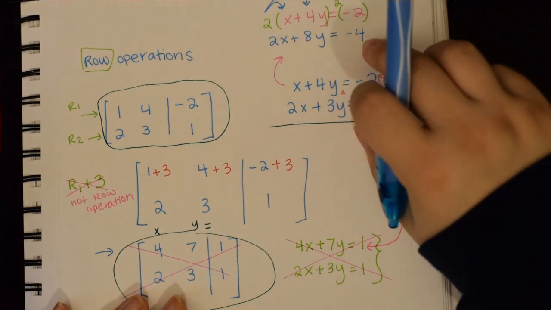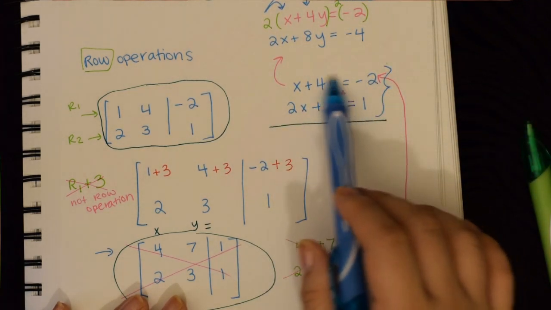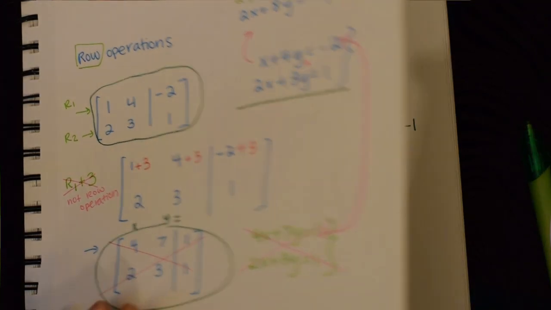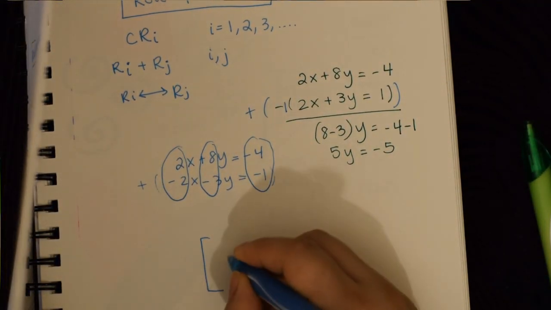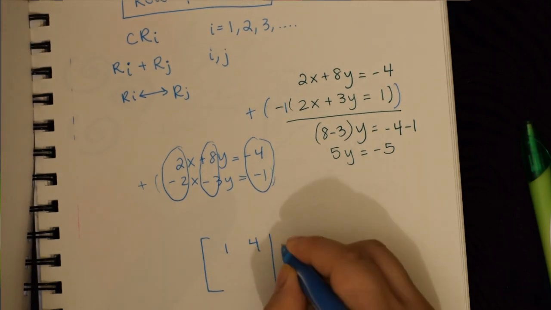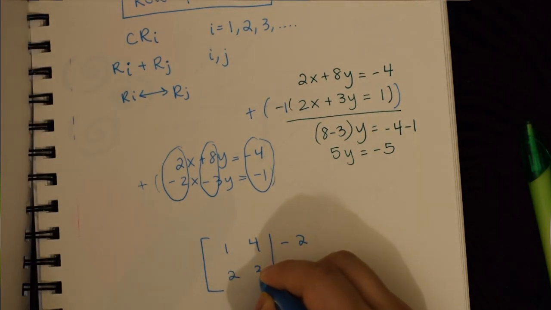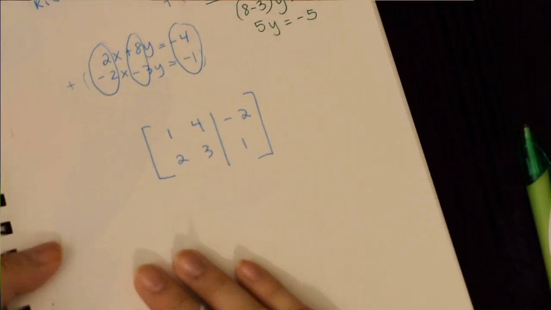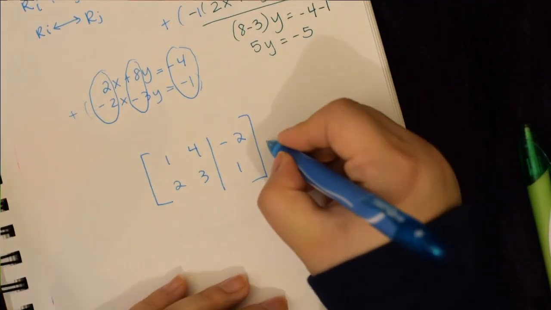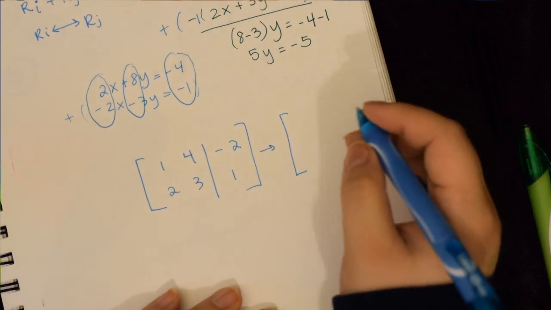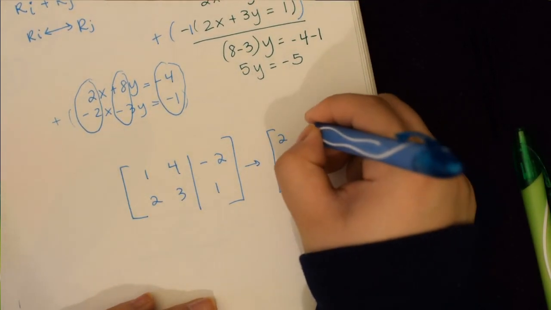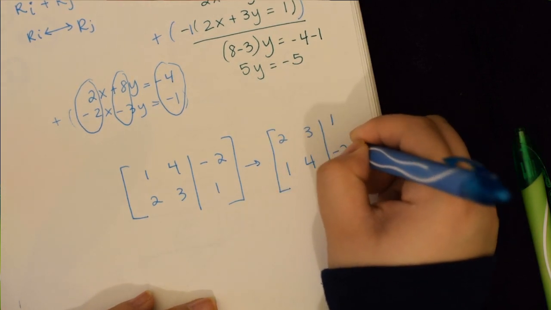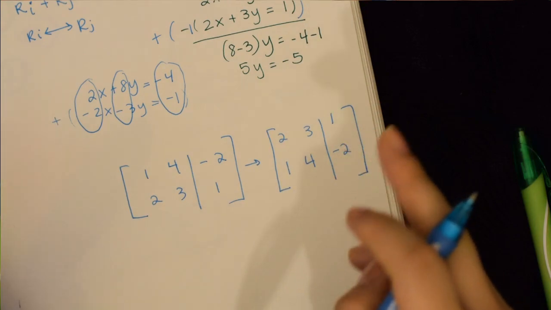And so if we switch the two, it's this equation and this equation. So 1, 4, -2, and 2, 3, 1. If we were to switch these rows, 2, 3, 1, 1, 4, -2, it's an equivalent matrix.